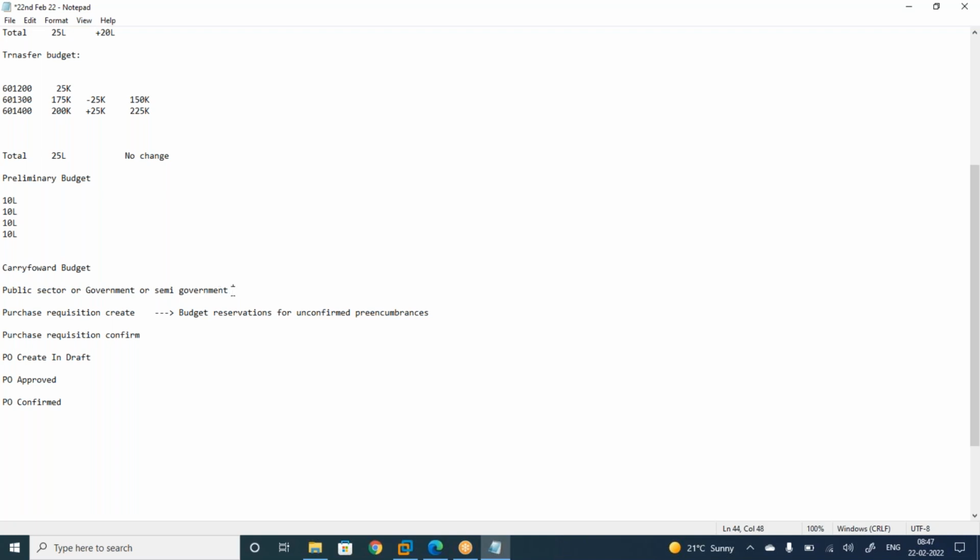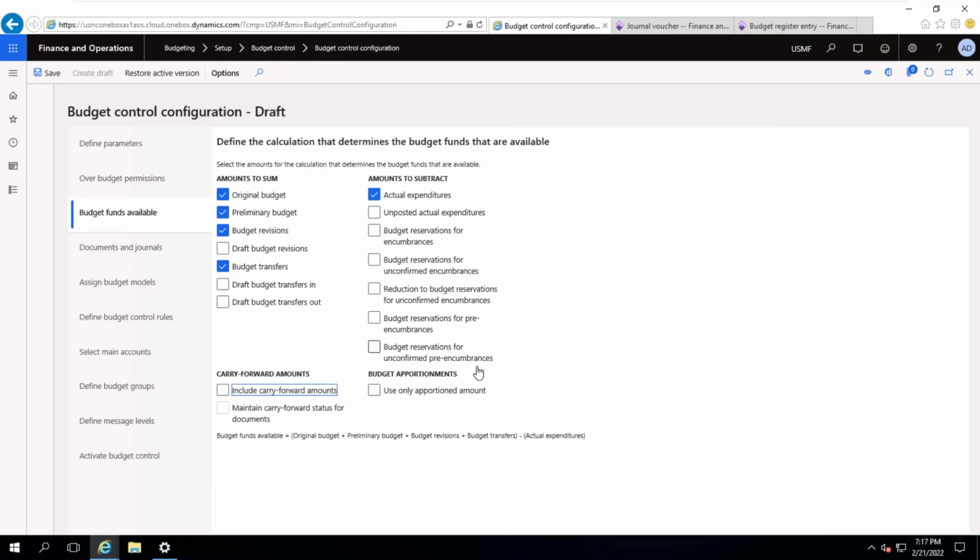For these organizations, whenever they are creating a purchase requisition, budget funds should be available, and only then will they purchase the material. So at the time of purchase requisition creation, budget reservations for unconfirmed pre-encumbrance means the budget will be checked at that time.